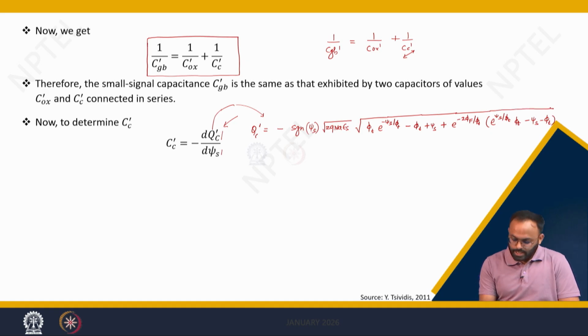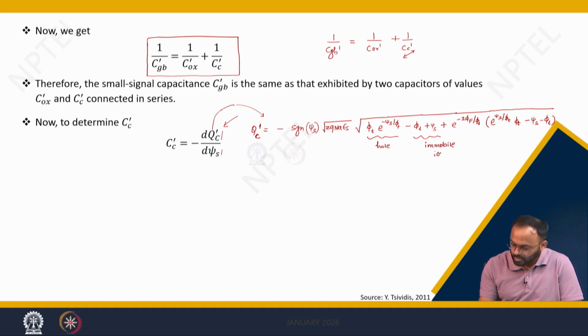This was the channel charge including the contribution of holes, the immobile ions or in general acceptor ions, and the electron contribution.